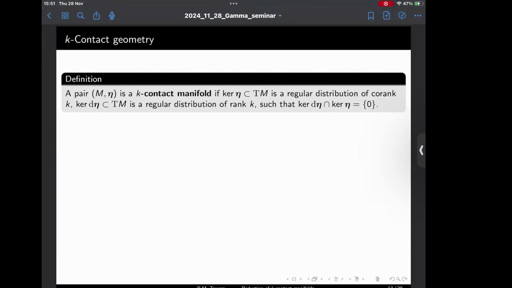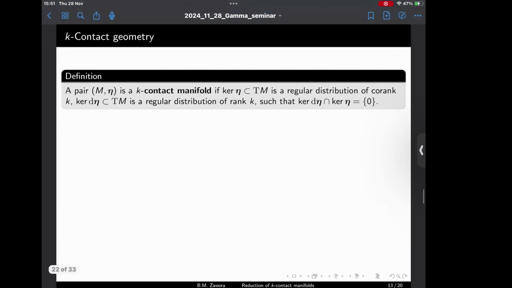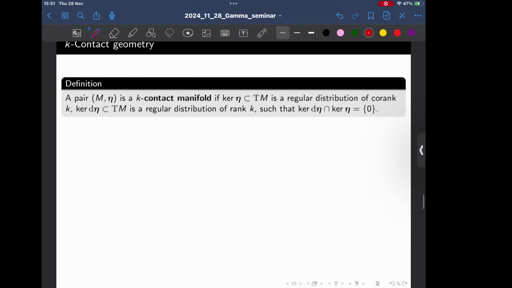Let me recall that (M, eta) is a k-contact manifold, where the bolded eta is an R^k-valued one-form on M, such that the kernel of the bolded eta is a regular distribution of corank k, and the kernel of d bolded eta is a regular distribution of rank k, such that the intersection gives 0.